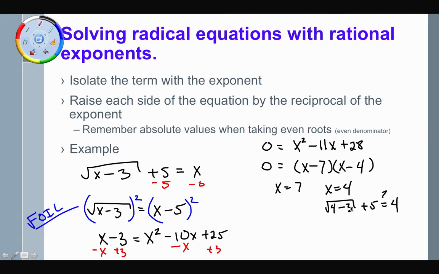Well, 4 minus 3 is 1. The square root of 1 is 1, plus 5 equals 6, and 6 does not equal 4. That means this is the extraneous answer. And when you plug in 7, you will get the correct answer. That means 7 is our correct result.